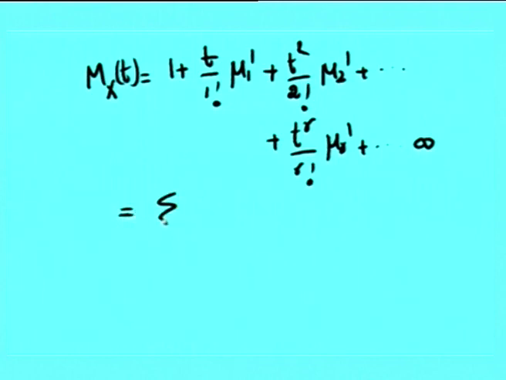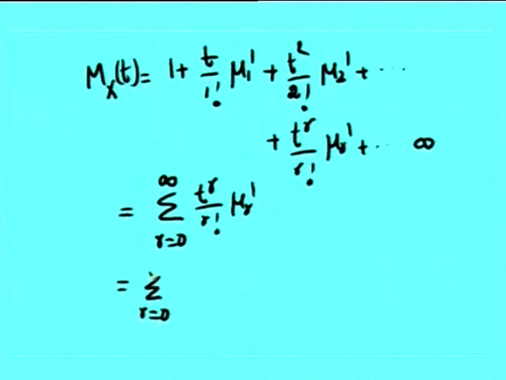So, in general it is written as the sum over r is equal to 0 to infinity of t power r by r factorial mu r dash. Okay. So, now we have to substitute for mu r dash, which is given in the question as r plus 1 factorial into 2 power r.